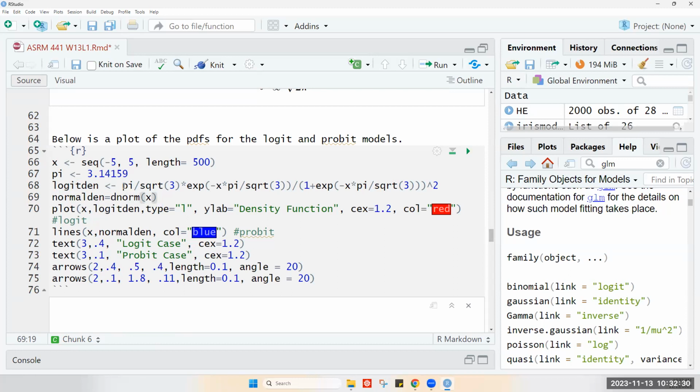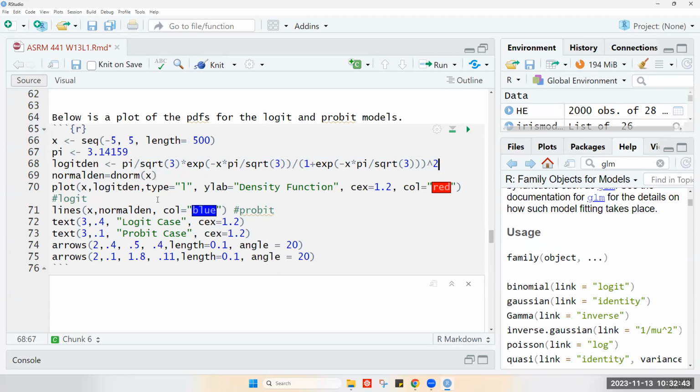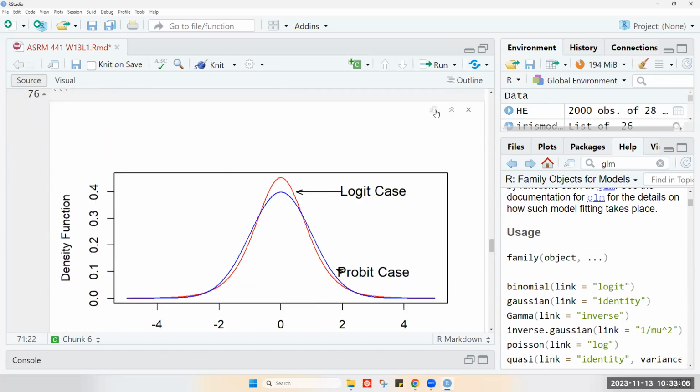And this is just done to sort of map out the PDF, right? We're getting different percentiles, and so we're plugging it into here to get like the 1 percentile, 2 percentile, 3 percentile, and so on. And then we use the dnorm function to get the density of the normal function. I then plot the logit, x against the logit, colored red. I then include the probit model in blue. And this is what we get.